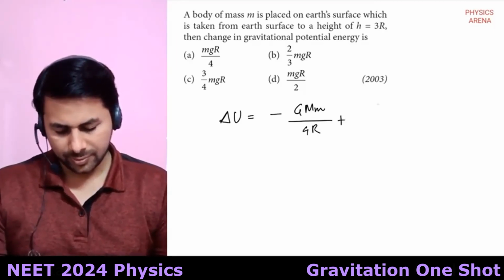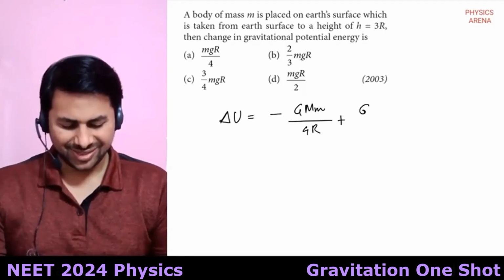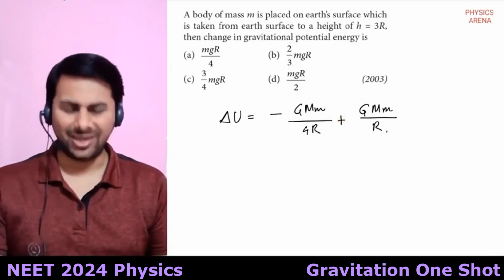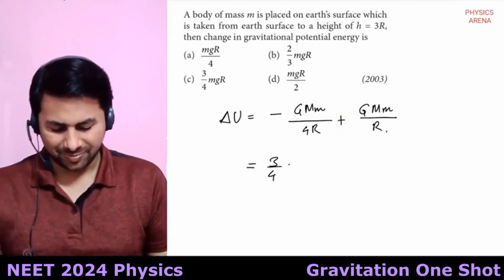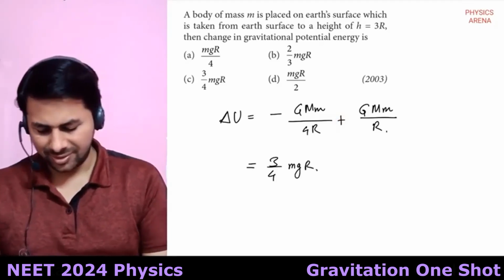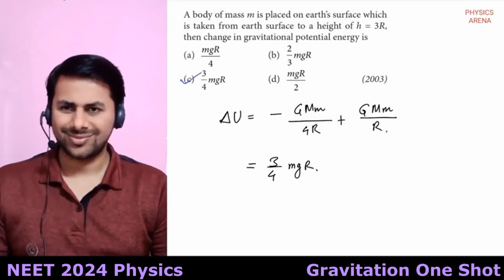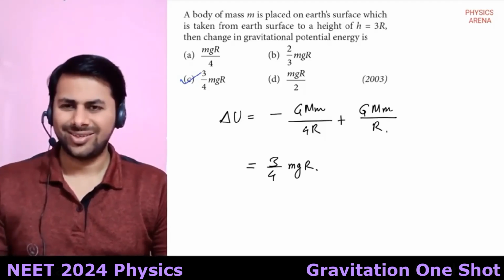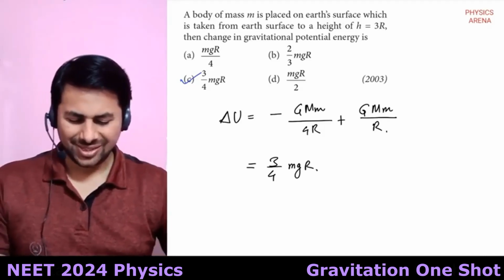It will be option C, no? So it is minus GMm upon R, so that becomes plus. So it's 3 by 4 mgR, option C. Okay, no, you have to substitute that. Okay, all right.